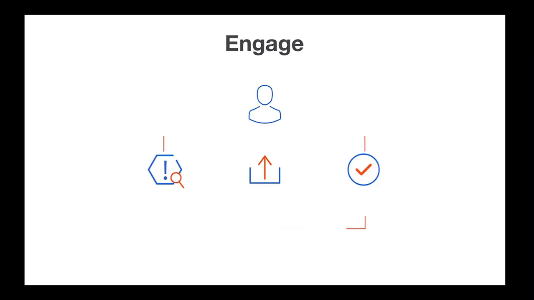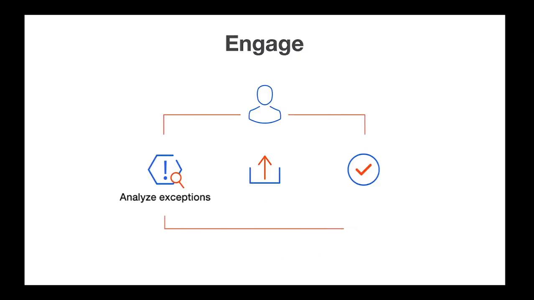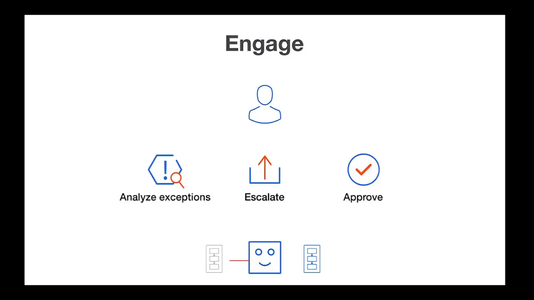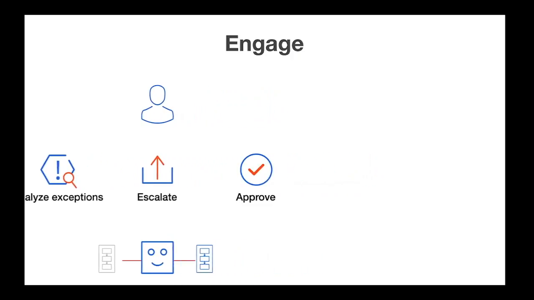True RPA is not only about simple processes, it is also about company-wide complex processes in which humans need to analyze exceptions, escalate, validate, or approve the work of robots. All these while the robots continue their work. And RPA platforms need to keep up and enable a true engagement between human users, robots, and other applications.